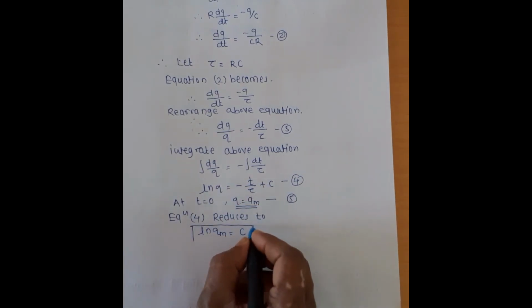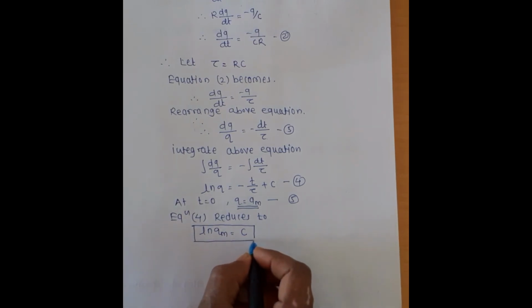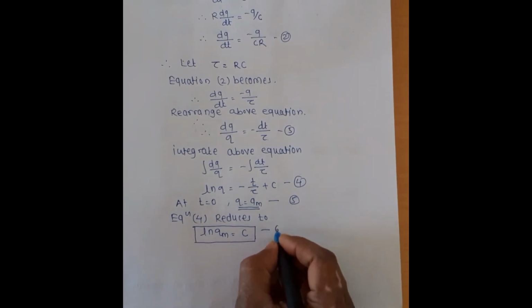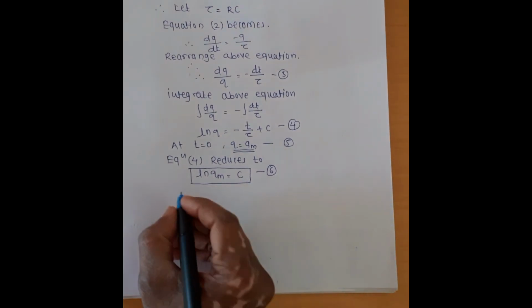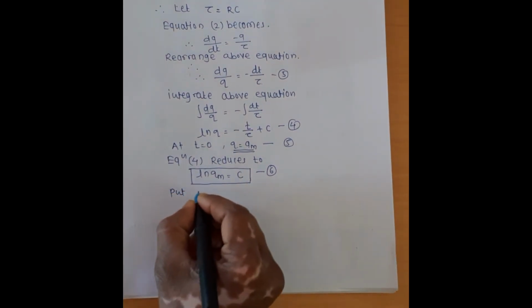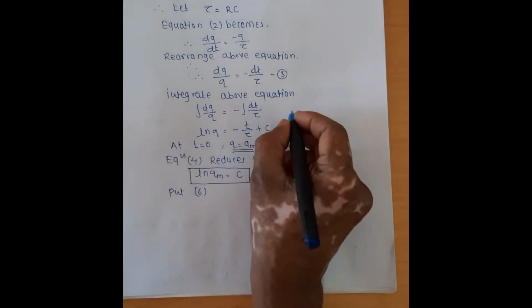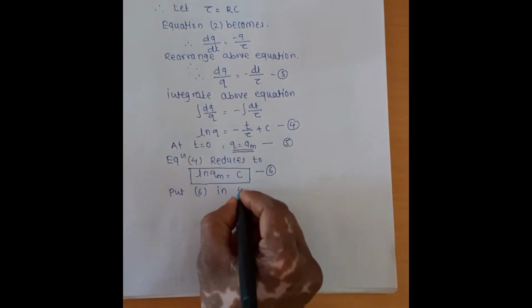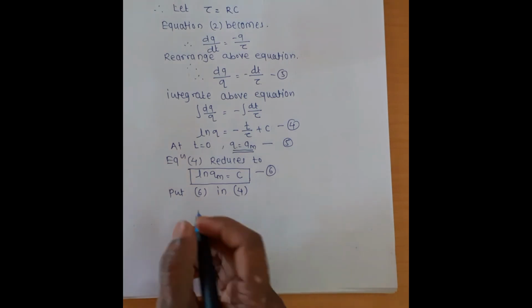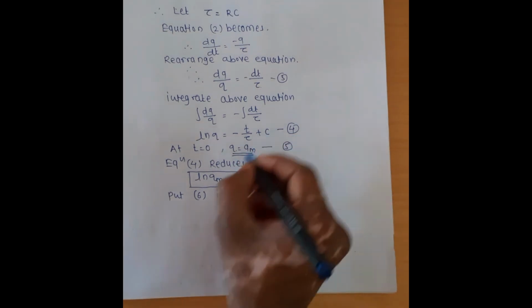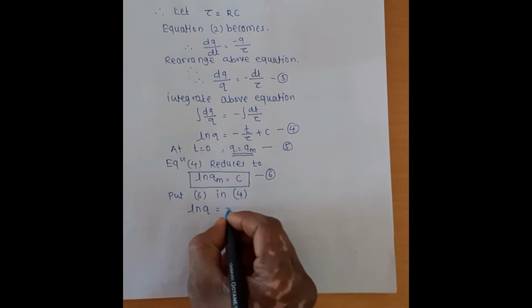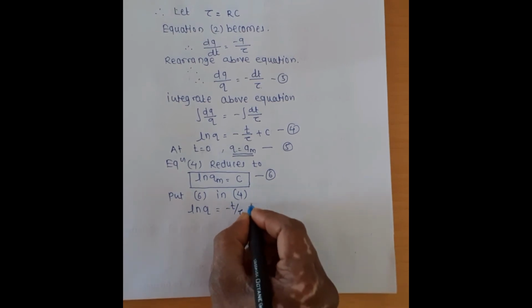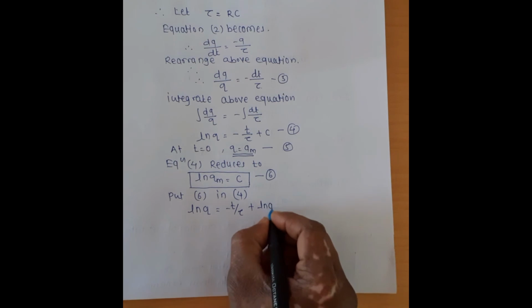Okay, so the value of c is ln of qm. This is equation number 6. Now we put 6 in 4. Instead of c we put ln of qm, so ln of q is equal to minus t upon tau plus ln of qm.